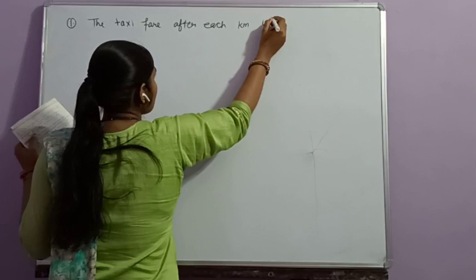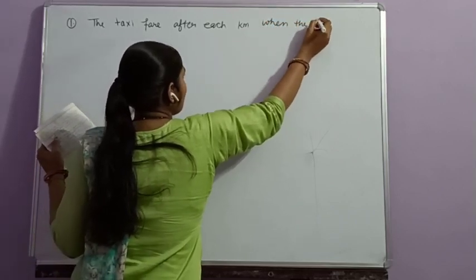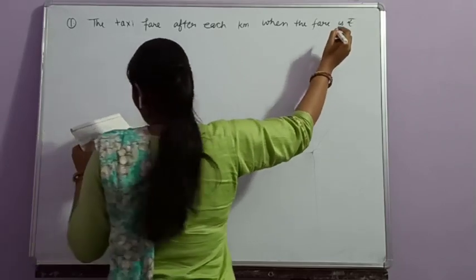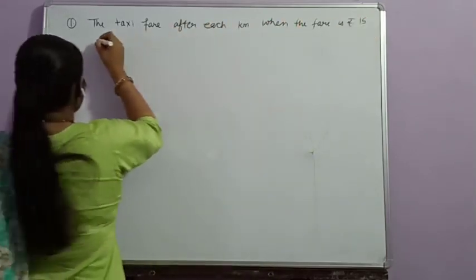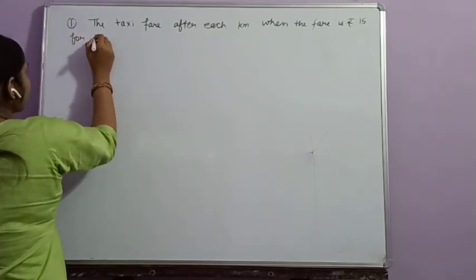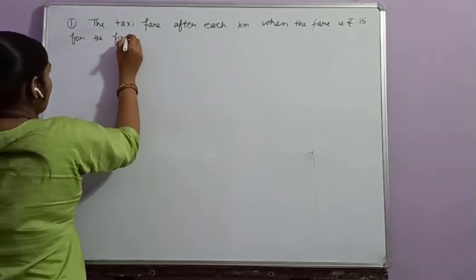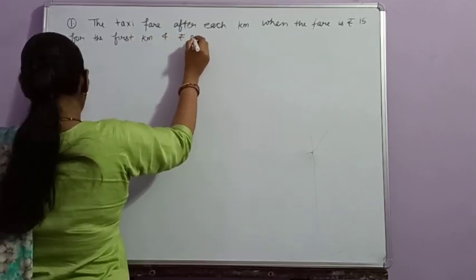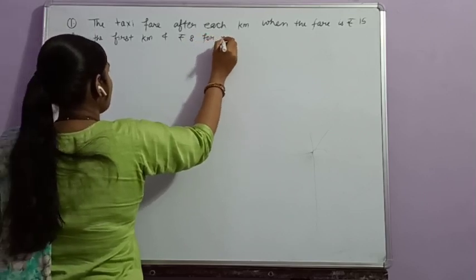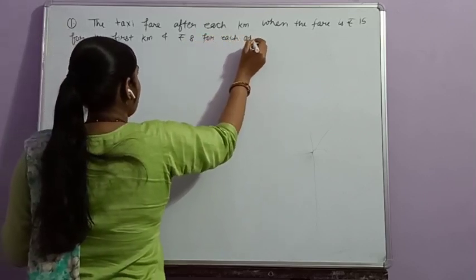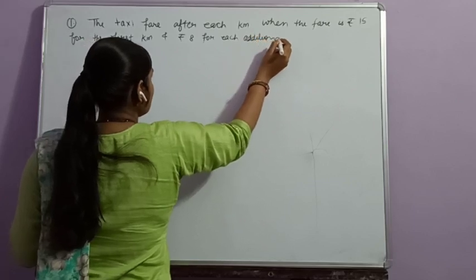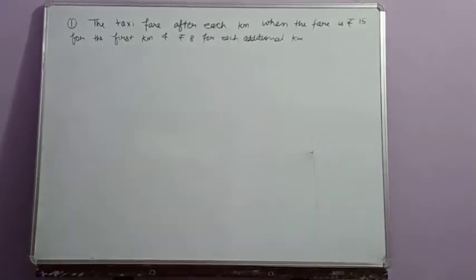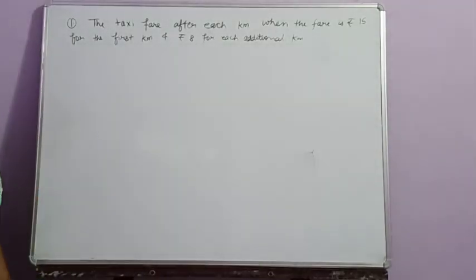When the fare is rupees 15 for the first kilometer and rupees 8 for each additional kilometer, we have to find out whether the given statement form an AP or not.